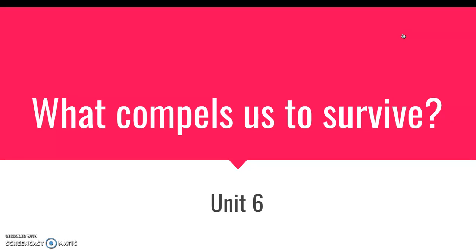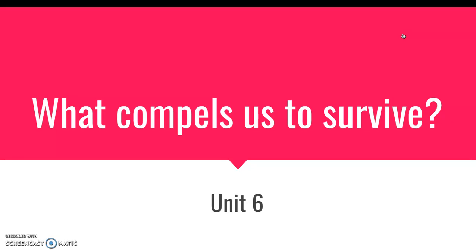So again, our essential question for this unit is going to be, what compels us to survive? This question is interesting because when we are reading, we are not going to find the answers outright in the text. You're not going to be able to say, well, this sentence tells me why they're compelled to survive.